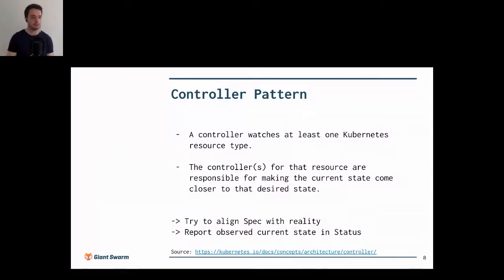And this pattern, for example, you have also seen applied to what we talked about before, the standard Kubernetes objects. So a controller watches at least one Kubernetes resource type, and the controller for that resource is responsible for making the current state come closer to the desired state. Let's wrap our minds back a few minutes.